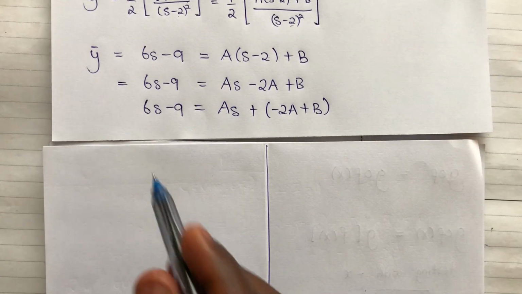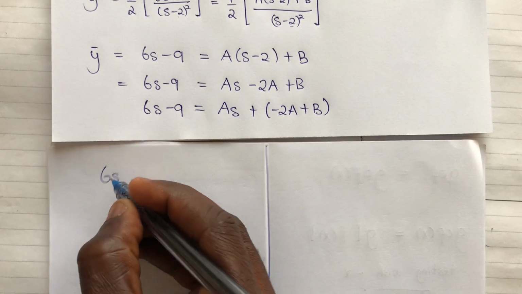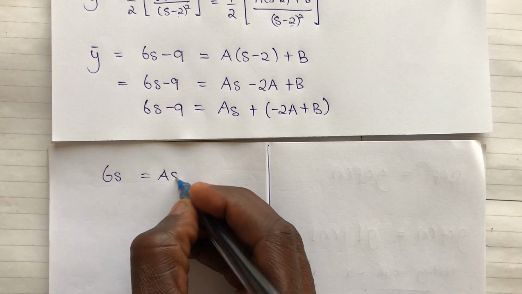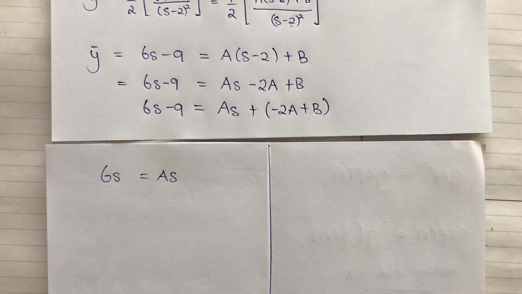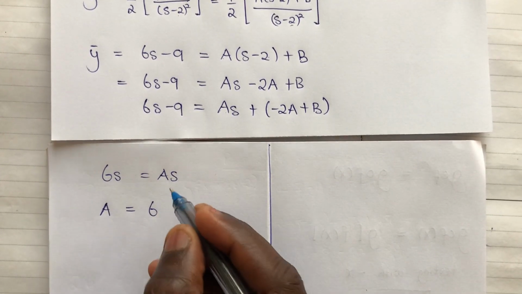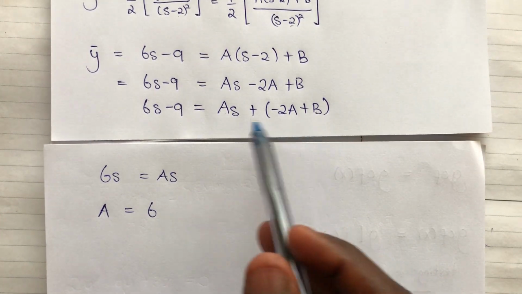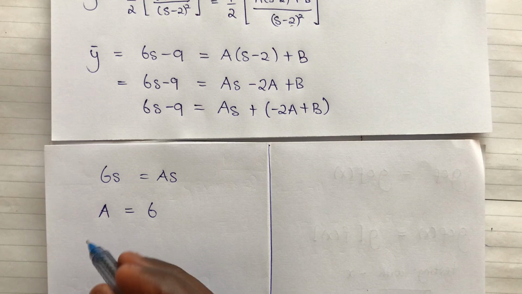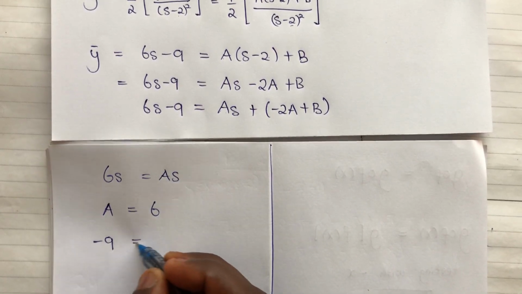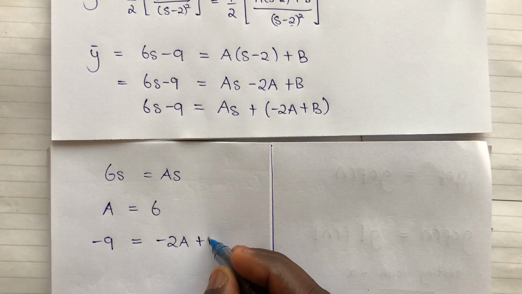We have a equal to 6 and minus 2a plus b equal to what? Minus 9. Now when you compare the left hand side with the right hand side, we have 6s equal to as. We can divide through by s to make a the subject. So a is equal to 6. Then when we compare again, we have negative 9 equal to minus 2a plus b.